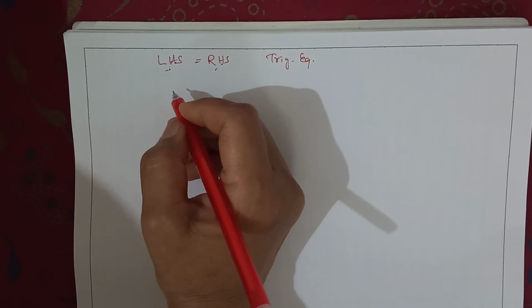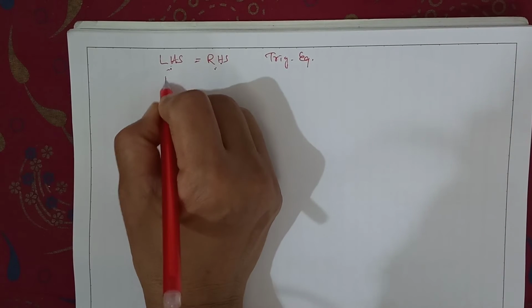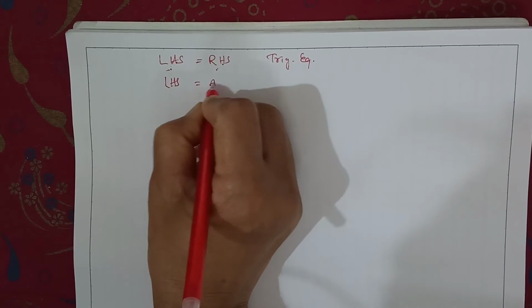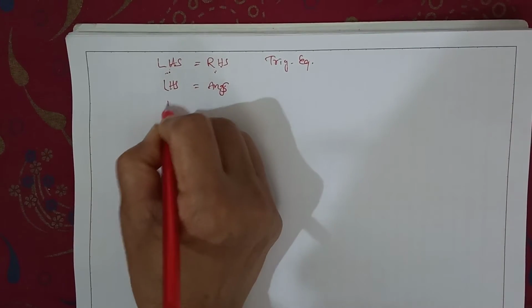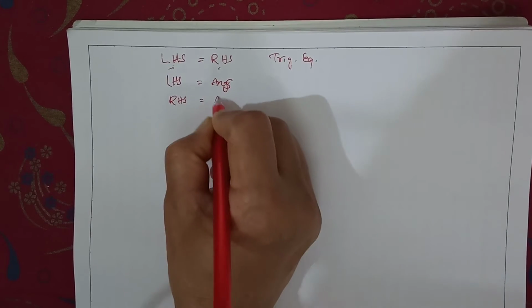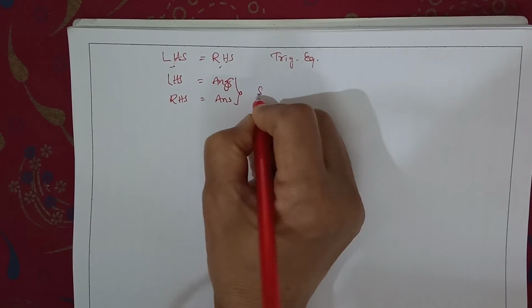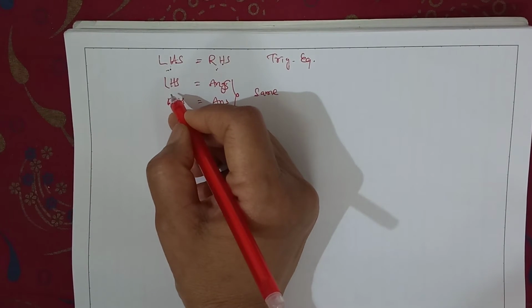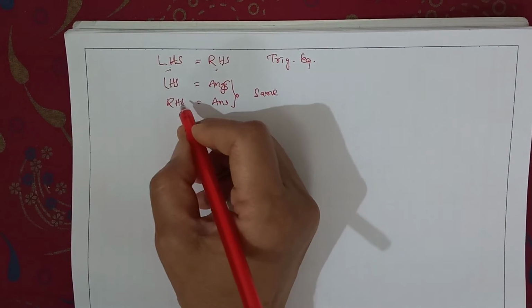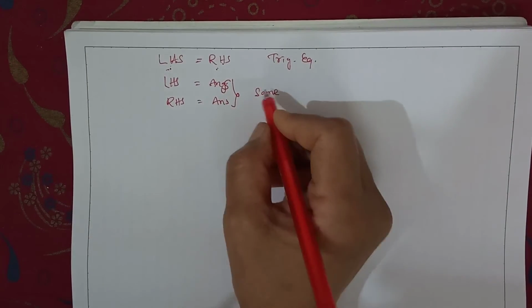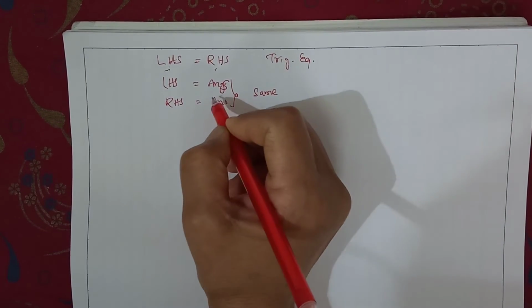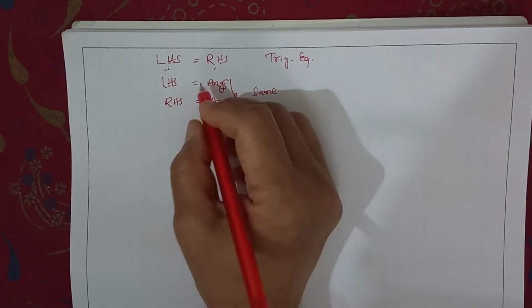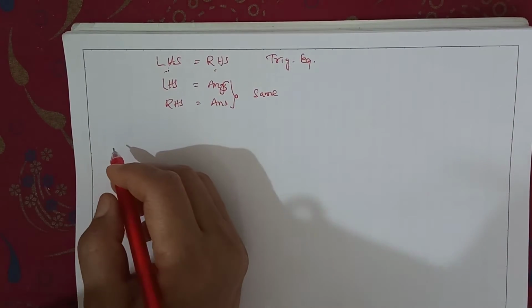So in that case, whatever answer you are getting from LHS, the RHS part also should be equal to the same answer. Then this kind of proof is also correct, as you are getting equal answers. Okay, by using this method also. Okay, let us go with the problem.